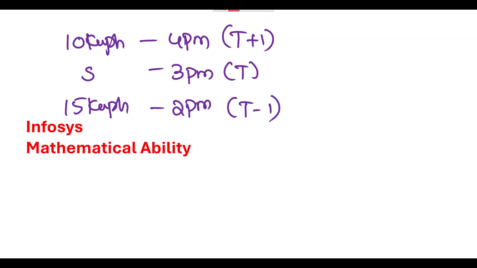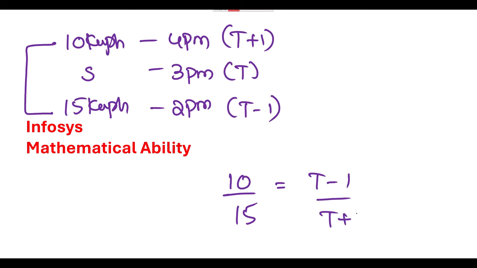Distance is speed into time, and distance is constant in all these cases. You can find the t value using the first and last. Speed and time are inversely proportional: more speed, less time; less speed, more time taken.